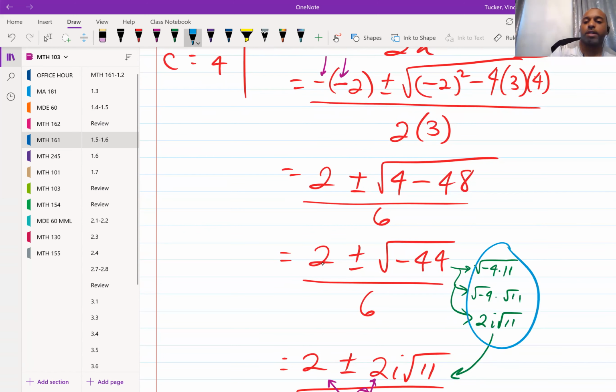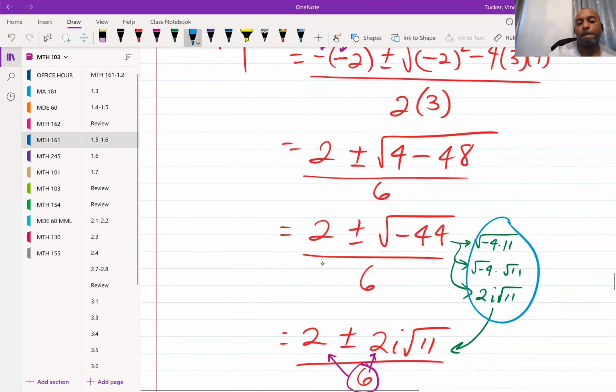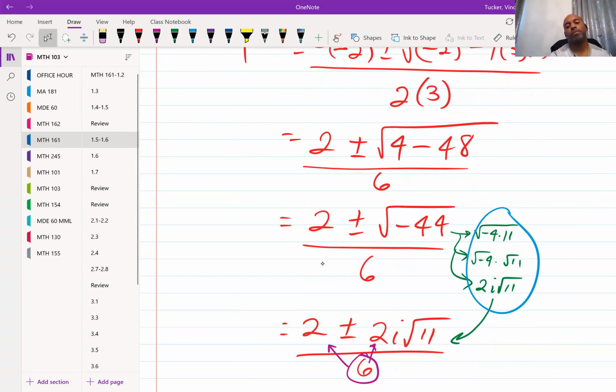So now we have 2 plus or minus 2i square root of 11 over 6. 2 times 3 gave us 6 in the denominator.